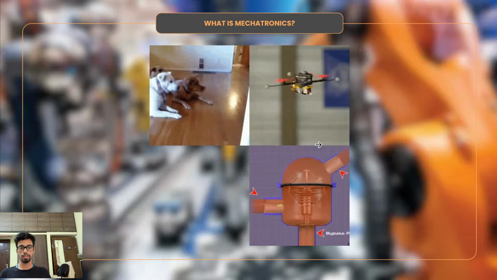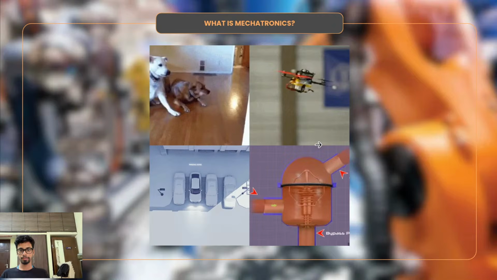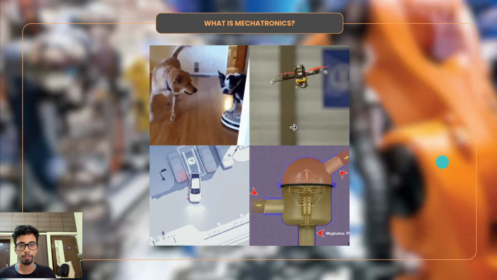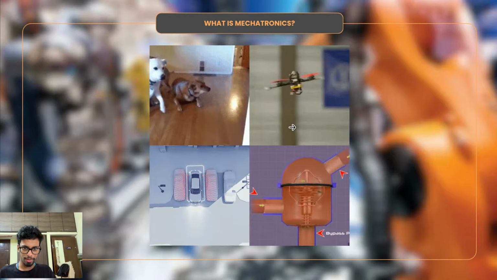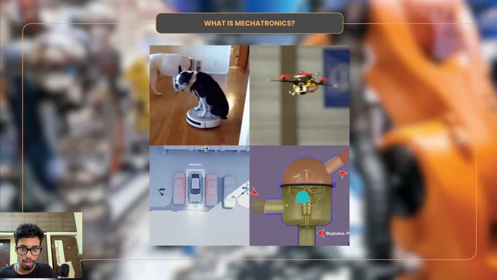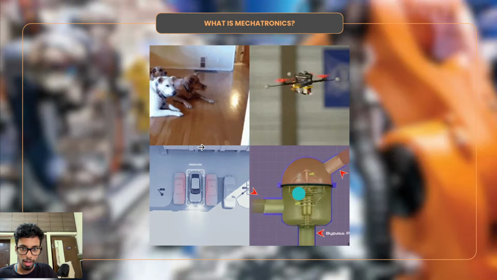What is mechatronics? Here, I don't know if all of you recognize everything that's on screen. That's a Roomba machine that's used to clean houses. This is a drone that lost one of its motors, I guess. This is a self-parking car, and this is a thermostat.